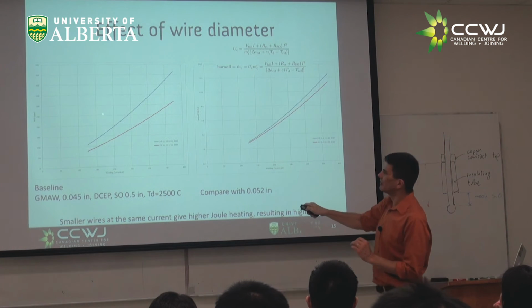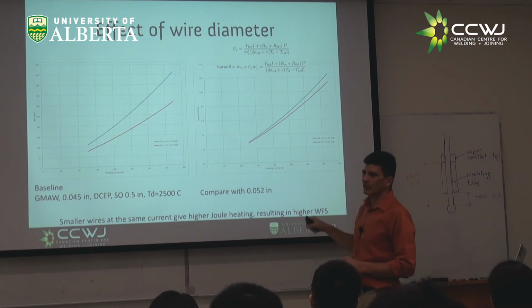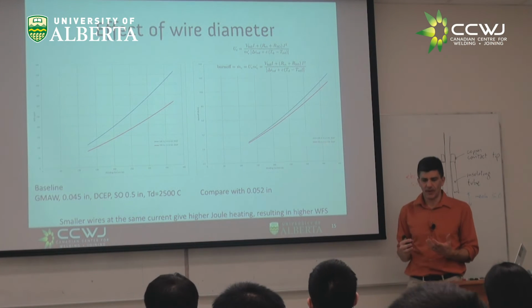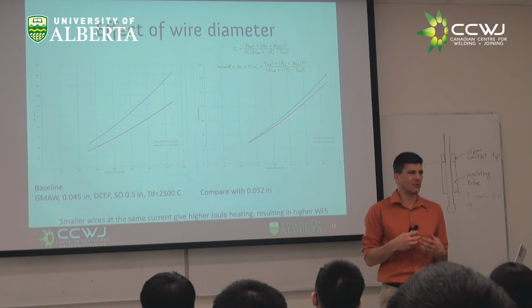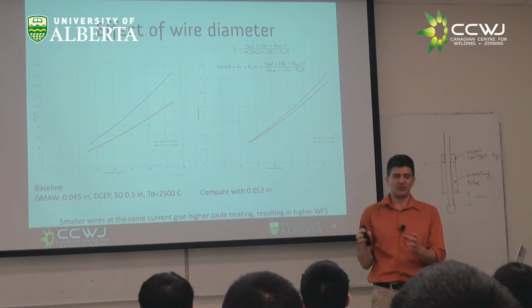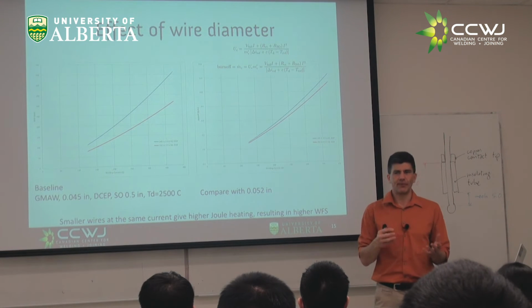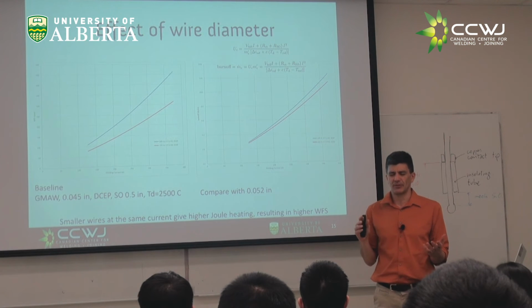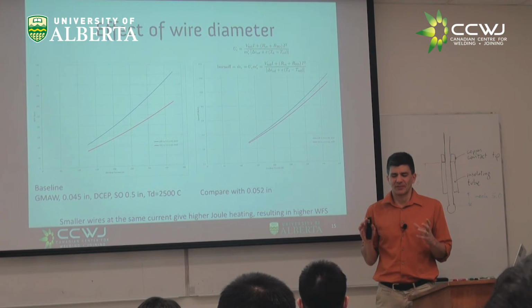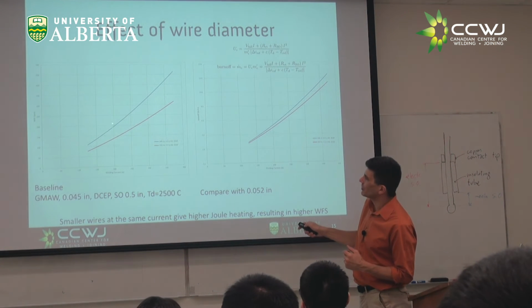So this blue one is my reference. It's an 045 wire. And there's something interesting in the 045 wire. I hate myself for using inches, but here in Canada, everybody claims to be metric, but it's not true. They do everything in inches. So the 045 wire, that is a 1.1 or 1.2 millimeter diameter wire, if you have 200 amps, has more or less 200 inches per minute.